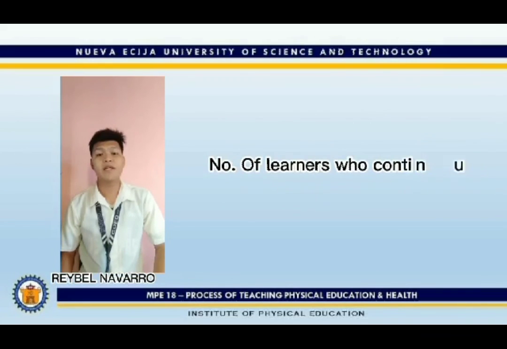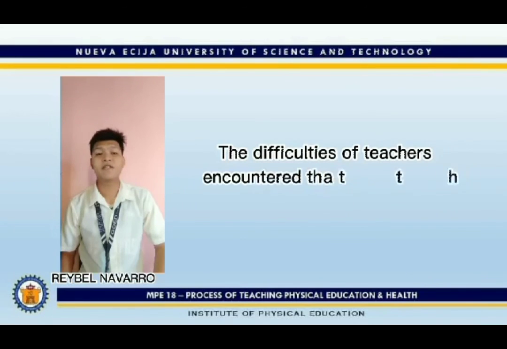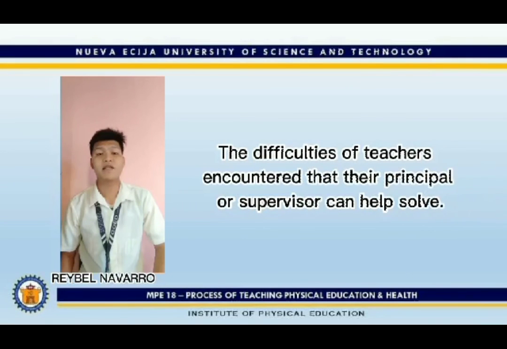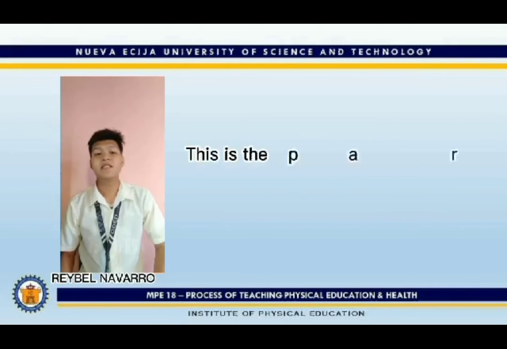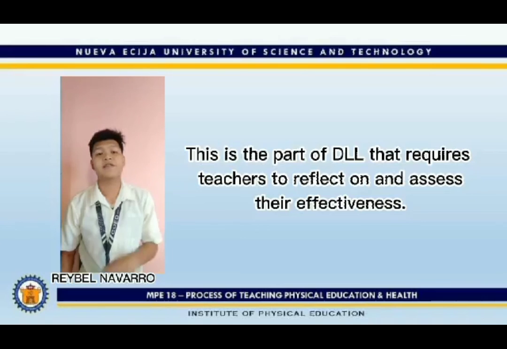Next is the number of learners who continue to require remediation. And next is the teaching strategies or methods that work well and why. And lastly is the difficulties teachers encountered that their principal or supervisor can help solve. This is the part of DLL that requires teachers to reflect on and assess their effectiveness.